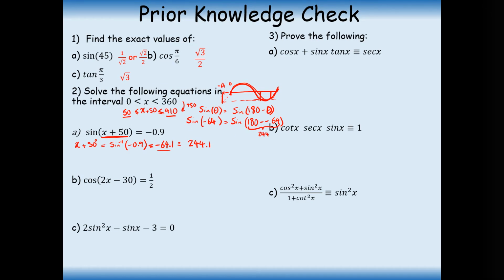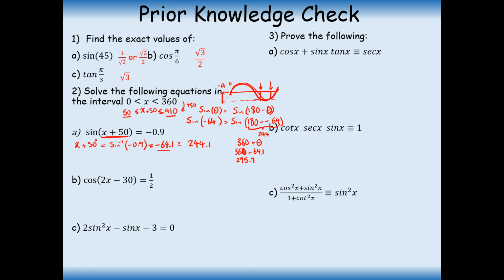The other answer is simply 360, and in our case theta is negative, so 360 take away 64.1 will leave us with 295.9, I guess.